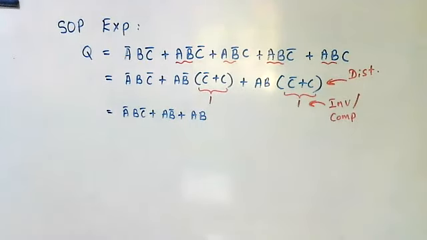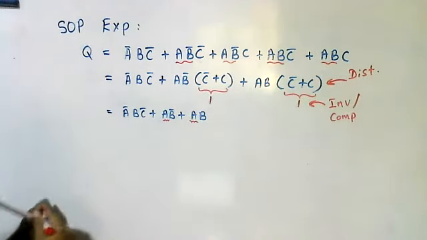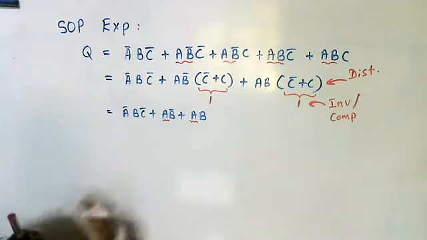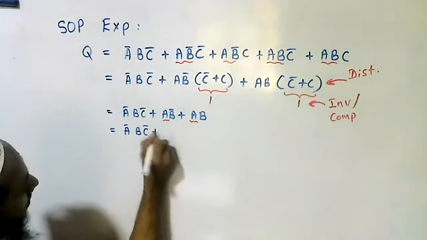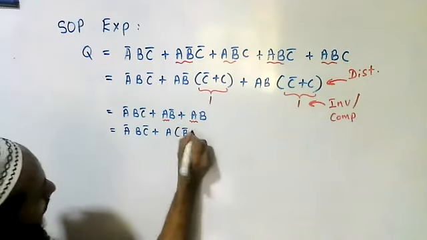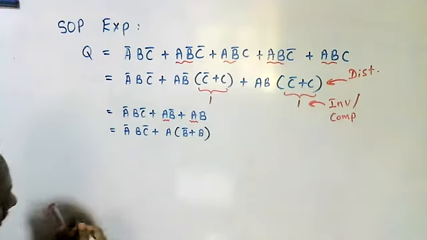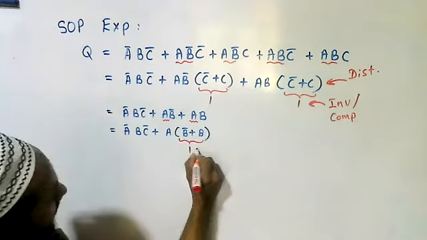Thereafter, we have to simplify it more, right? Here we can take this A as common. According to distributive law, A bar B C bar plus, I took A out, and within brackets B bar plus B. Again, according to the inverse law, it's equal to 1.